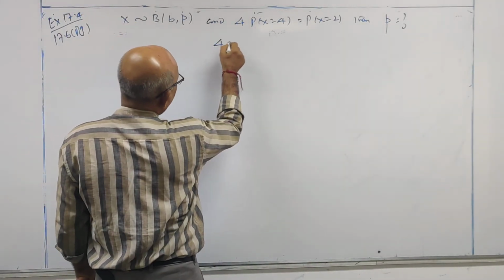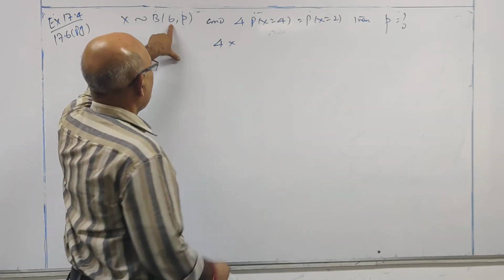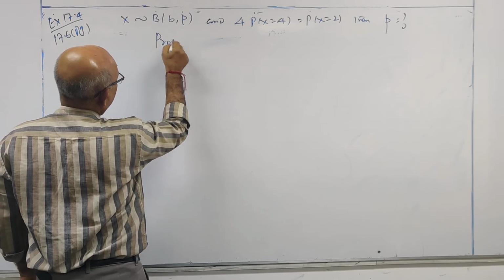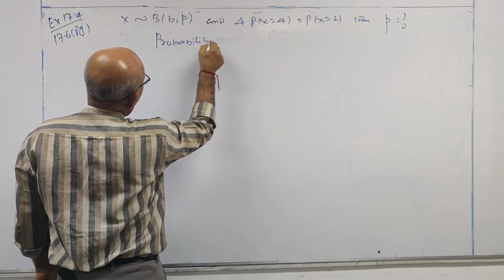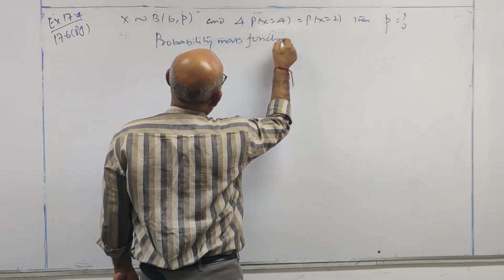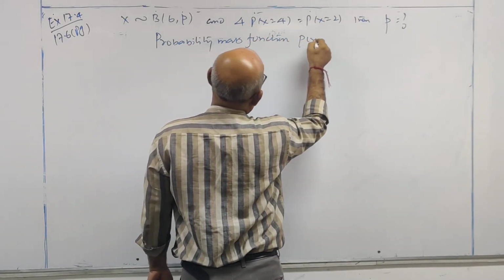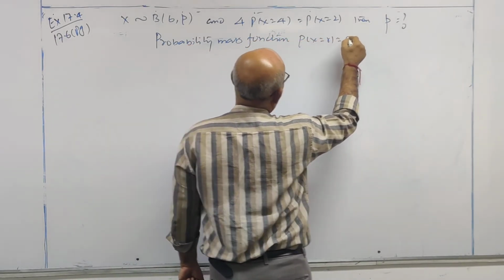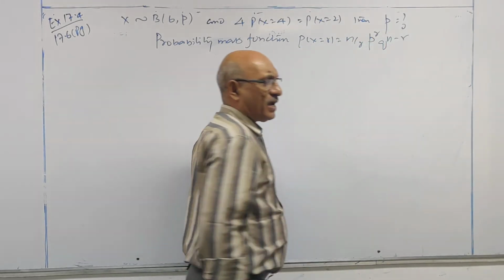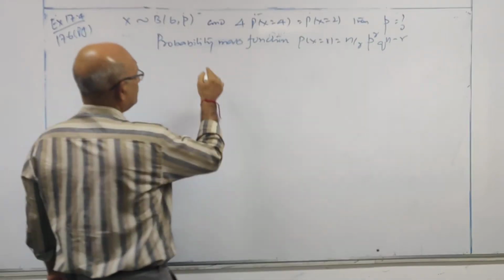Look at this, sir. n value is given as 6. So I write the probability mass function first. P of x is equal to nCr p to the power of r into q to the power n minus r. Very simple.